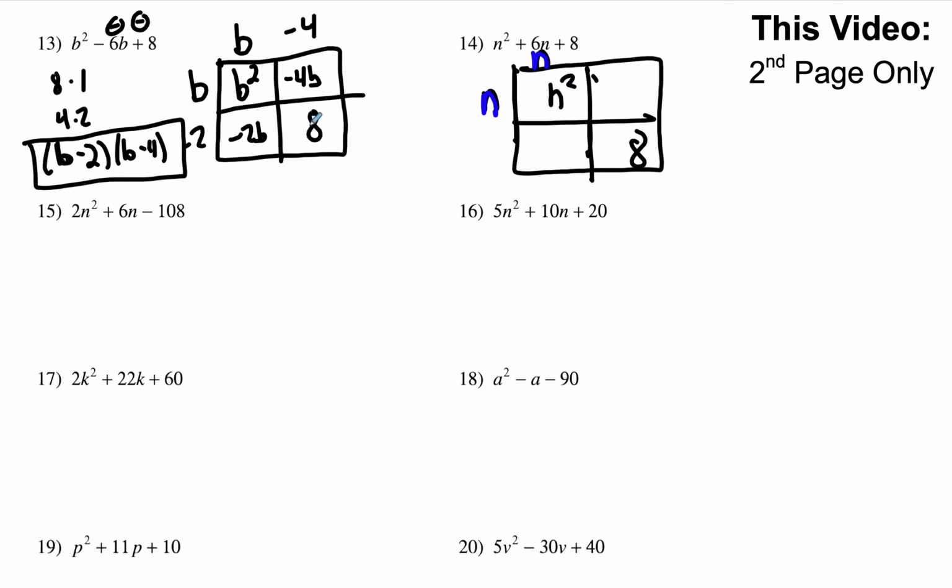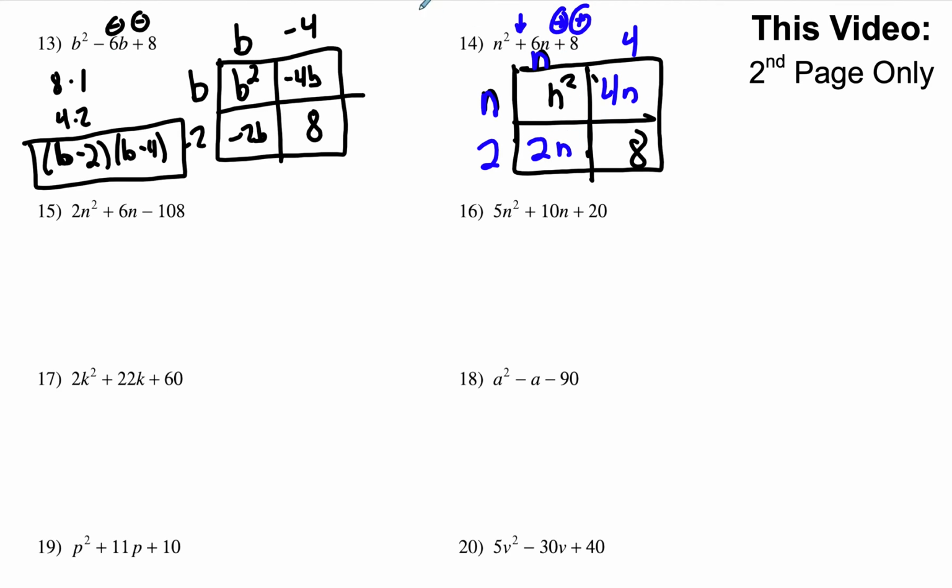Now instead of doing -4 and -2, I'm going to do +4 and +2, because a positive can only be obtained when multiplying if you have a negative times a negative or a positive times a positive. If I'm adding the numbers and I get a positive, both numbers had to be positive, and if I'm adding the numbers and getting a negative, both numbers had to be negative.